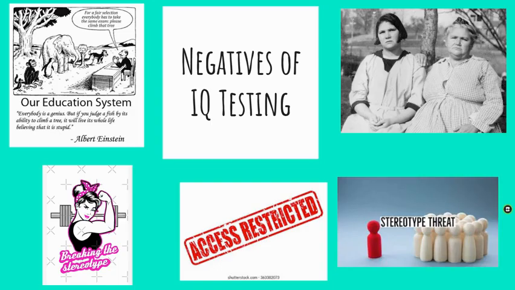And finally, probably the biggest negative use of IQ testing is in something called eugenics. And eugenics was the practice aimed to improve kind of the genetic quality of a population. And within doing this, they would try and exclude those who are deemed inferior by trying to essentially not let them have the same rights and privileges as others and favoring those who were considered superior.